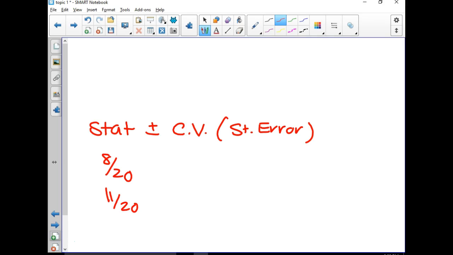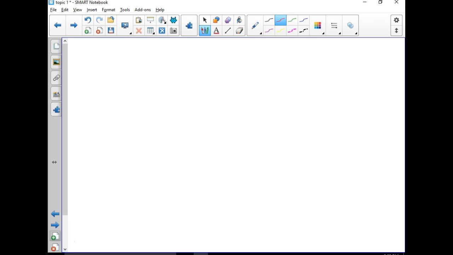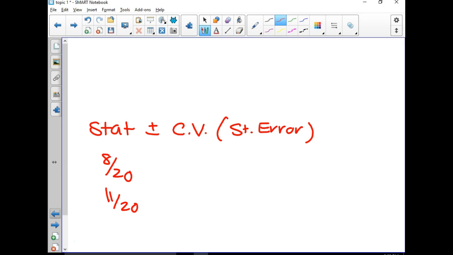Because you're building it off of this statistic. You're taking this and you're adding your margin of error to it, and you're taking the other statistic, right? So you're taking 8 out of 20 and you're adding the margin of error. This is the margin of error. And then you're taking this statistic and you're subtracting that. Both of you are going to get a lower bound and upper bound.